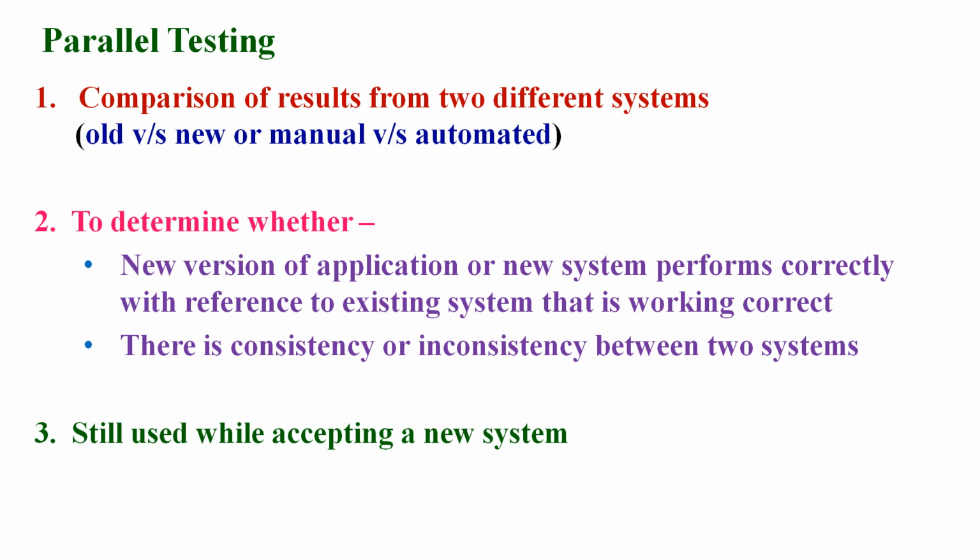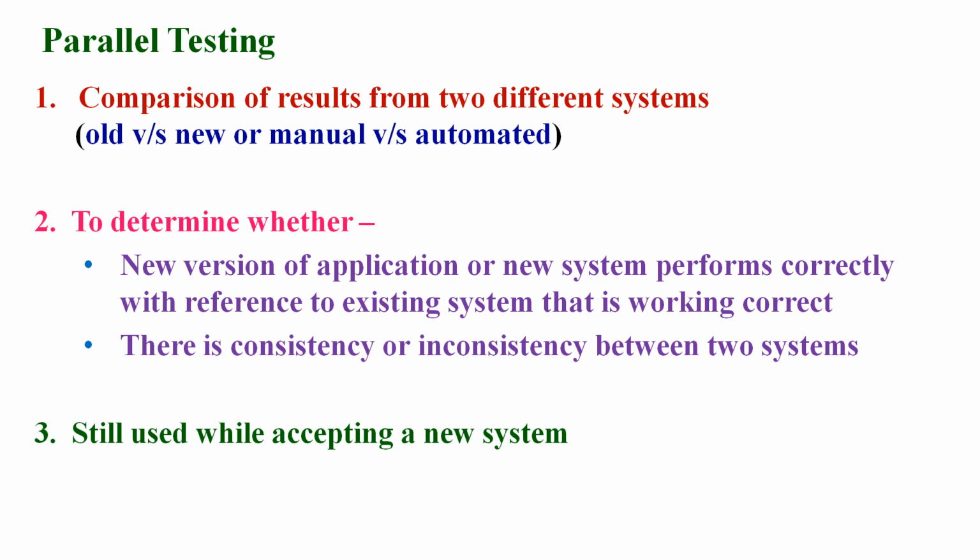Also, parallel testing is performed to determine whether there is consistency or inconsistency between the two systems. Why should we go for this consistency and inconsistency? Because the old system is already in usage and already working correctly. For this old system, we have added new features and extra functionalities to enhance the existing system.